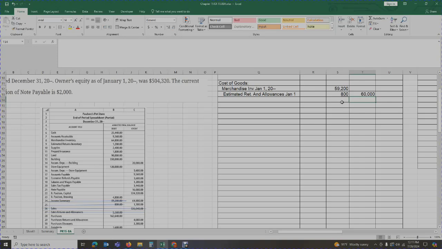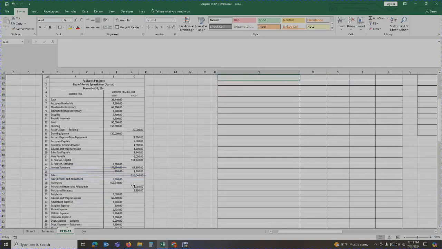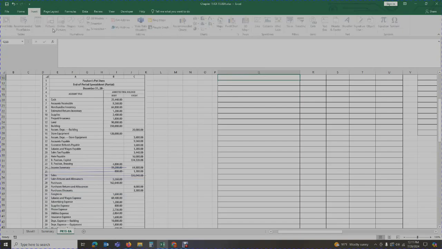Now we can calculate our purchases. For purchases, we go down to line number 28, purchases of 162,640.